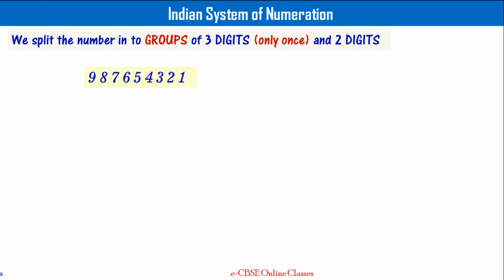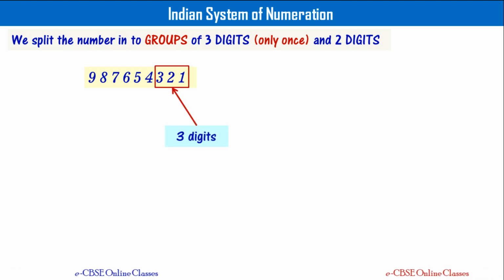For example, if you are given a number that has got digits 98765432, as per the Indian system of numeration, what we do is we split this number into various groups starting from the right. The first group has got 3 digits, let's mark it.